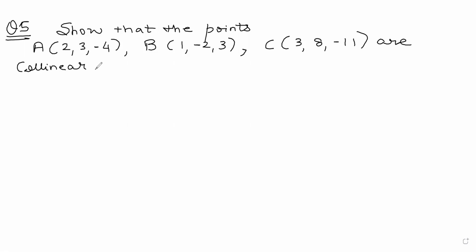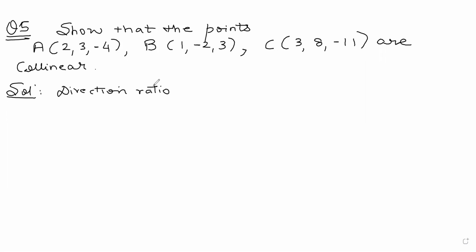Now, how do I check for collinearity? If I use the concept which we have learned today, you can check for collinearity using vectors also. You can find the AB vector, the BC vector, the AC vector, and find their magnitudes.